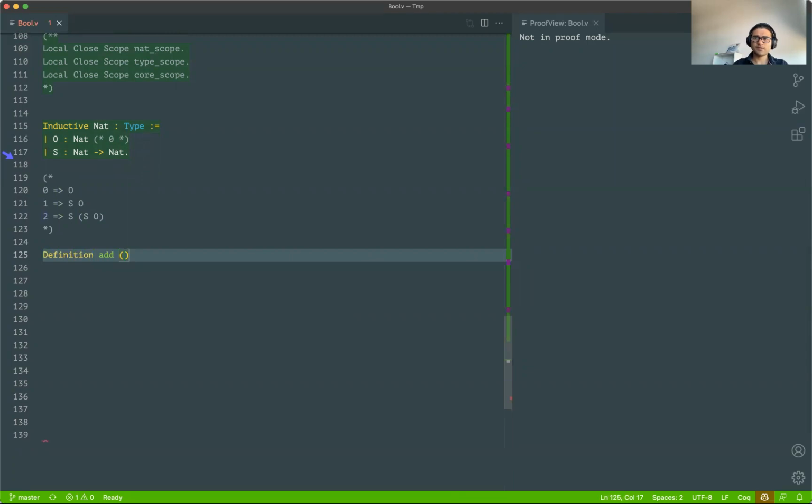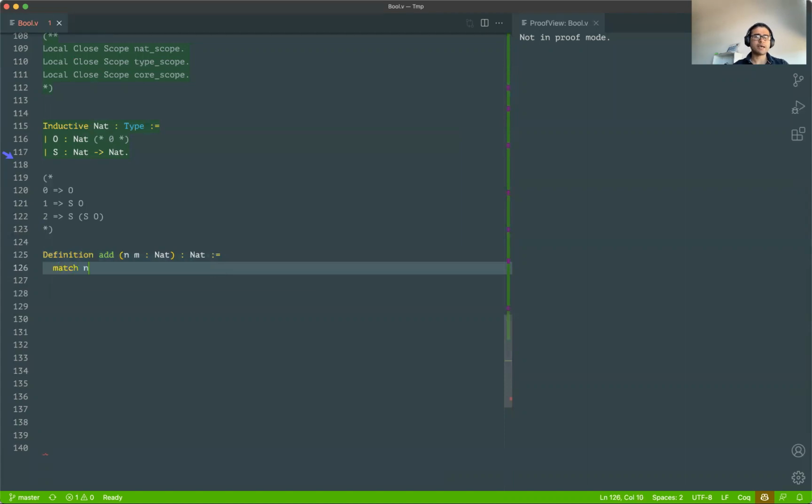Add n m of type nat, and it returns nat. So this function add takes two parameters, n and m of type nat, and the return type is also nat.